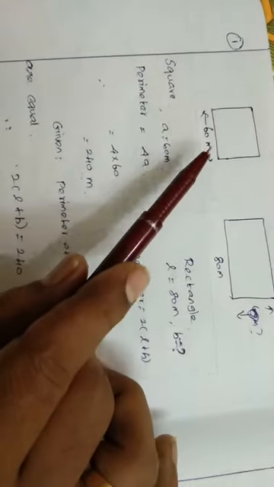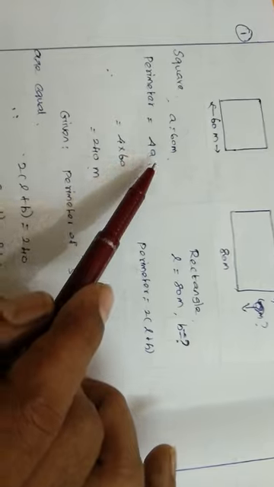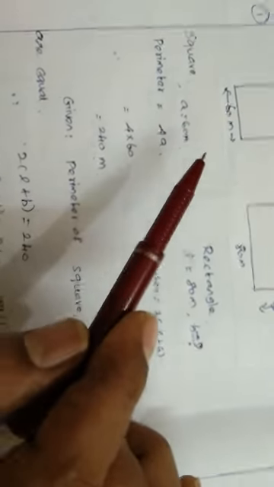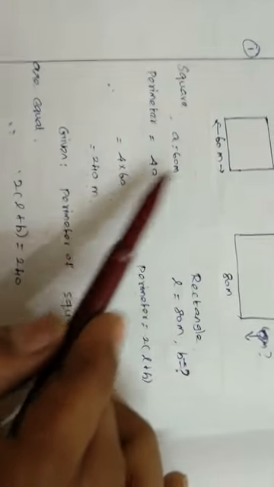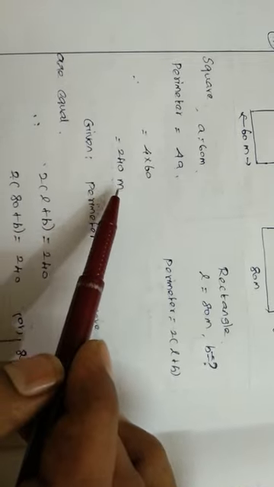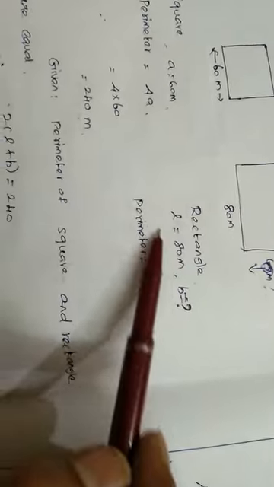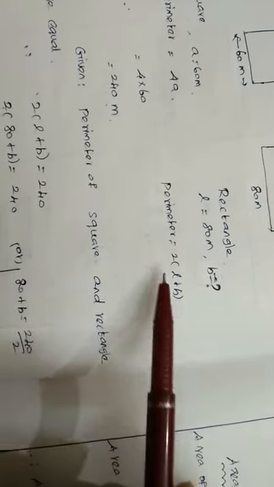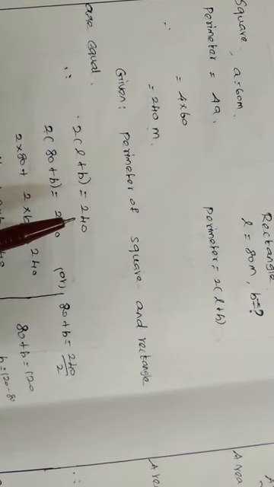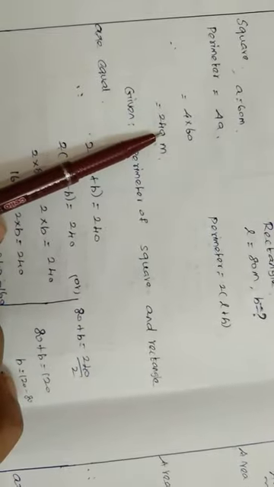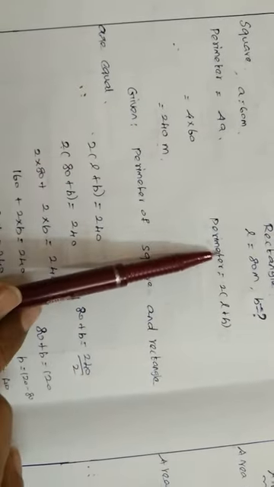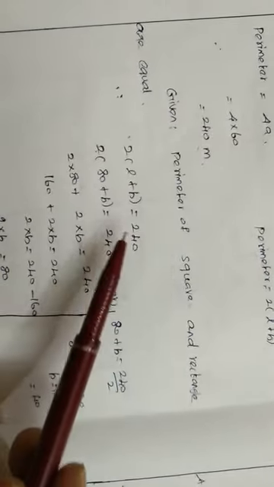Using the perimeter of the square, because one data is enough to find the perimeter, 4A, 4 into A value 60, so 240 meter. Here only the length is given, but we need to find the breadth. So perimeter equals 2 into L plus B. Given the perimeter of square and rectangle are equal, 2 into L plus B equals 240.